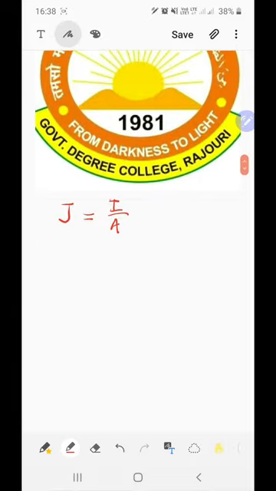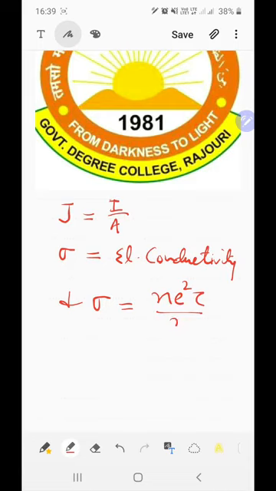and in my last lecture I told you that this sigma is equal to N e squared tau divided by m. What is this N? The number of electrons per unit volume of the conductor. What is this e?